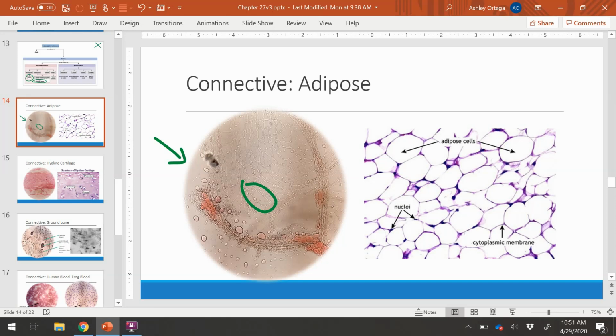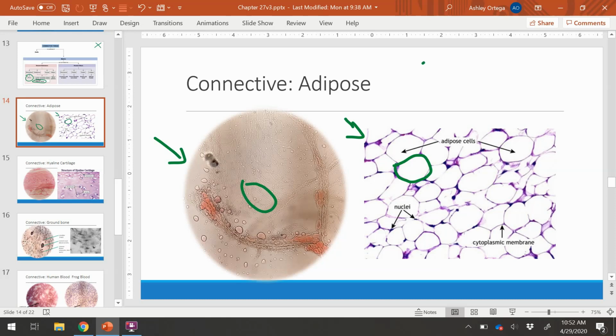But the better image is the one on the right here that's stained, so you can see the cytoplasm, you can see the plasma membrane, which is outlined in purple here. And then you can see where nuclei would be, which is kind of in the creases and the cracks on the ends of the cell.